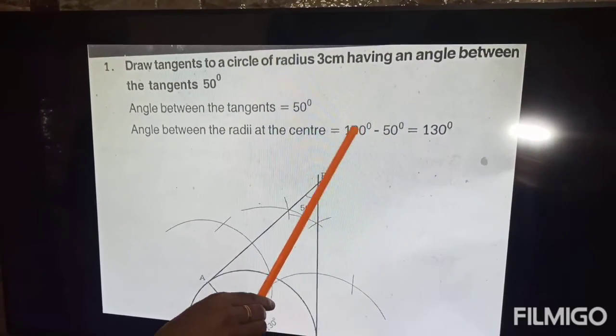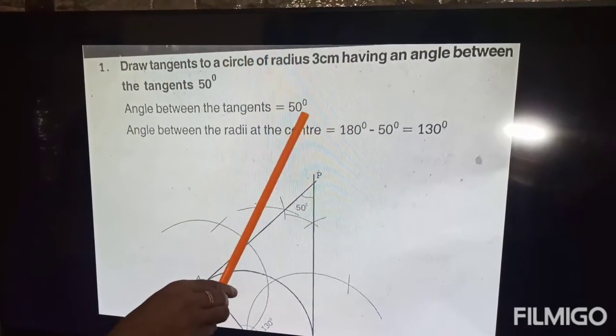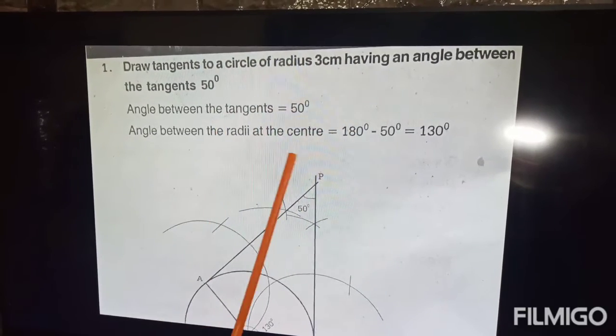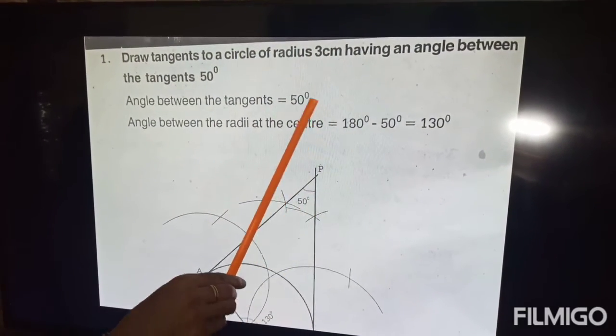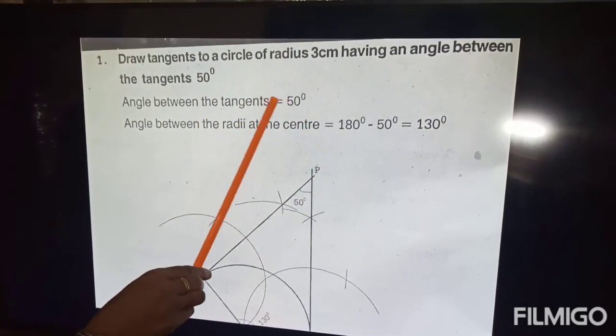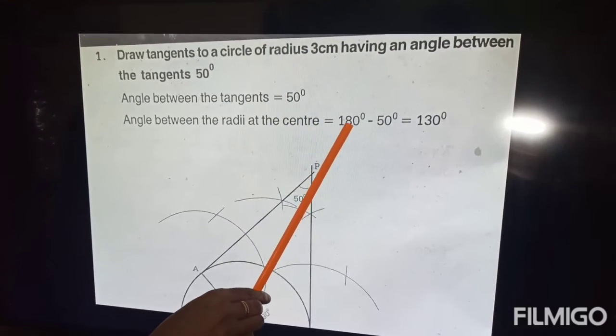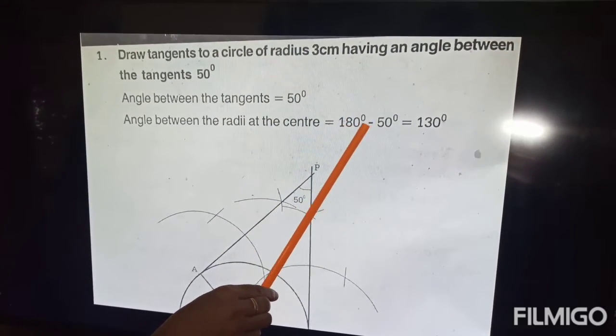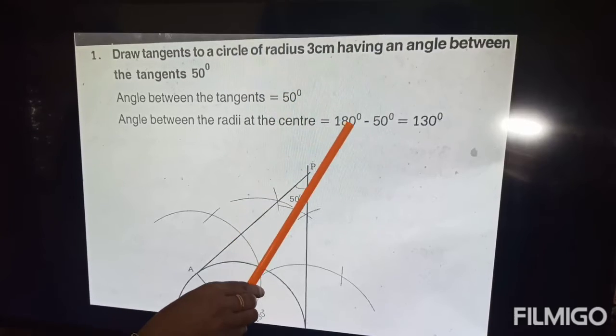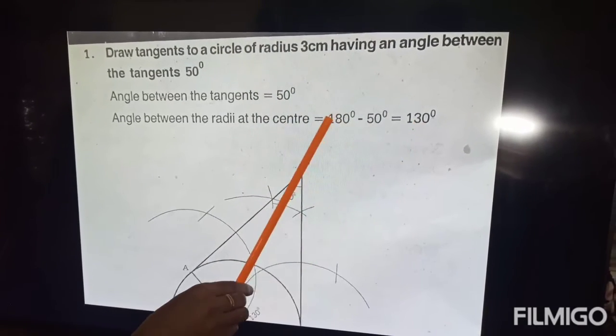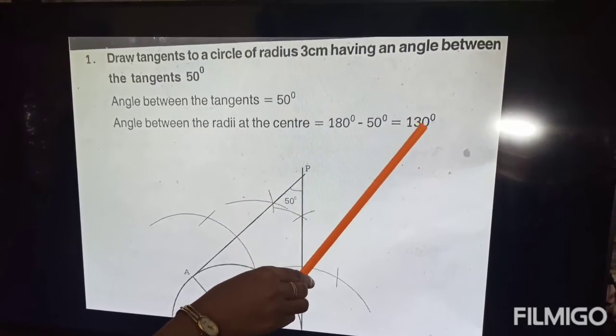We can't draw the tangents first, that's why we have to take the central angle. These two angles, the angle between the tangents and the angle at the center, are supplementary. Therefore we have to subtract from 180. Given angle subtracted from 180, we get 180 minus 50, 130 degrees.